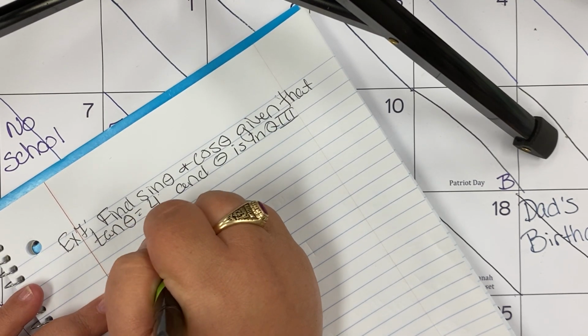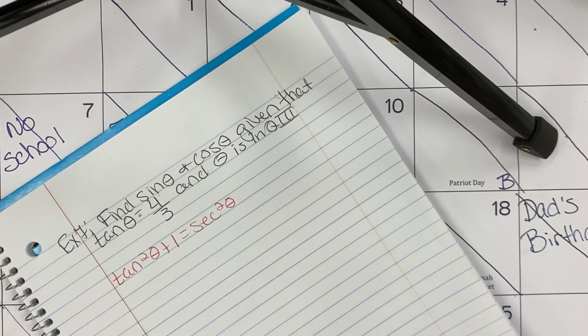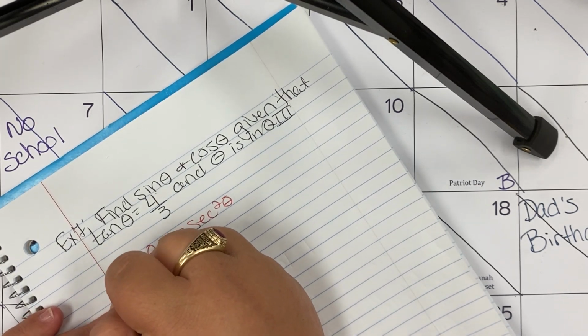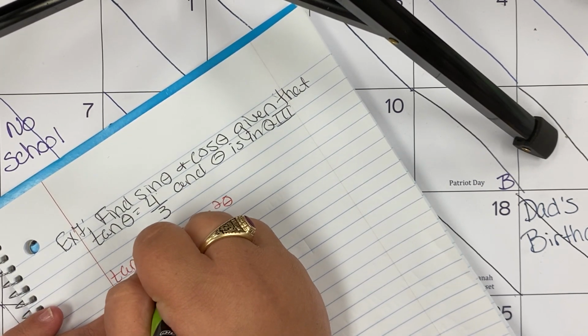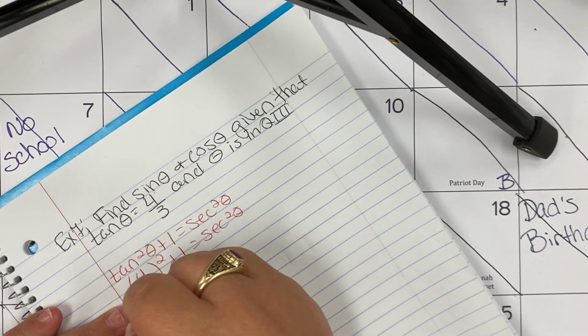Tangent squared theta plus 1 equals secant squared theta. I know what tangent is, so I can plug that in. 4/3 squared plus 1 equals secant squared theta.